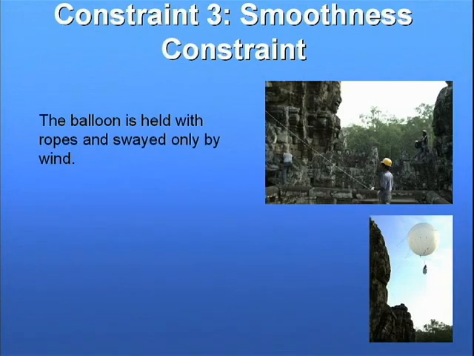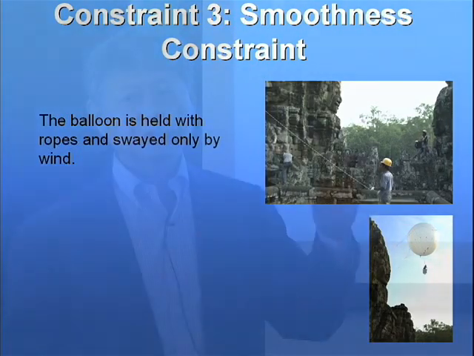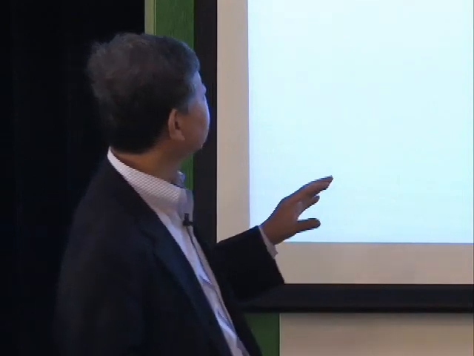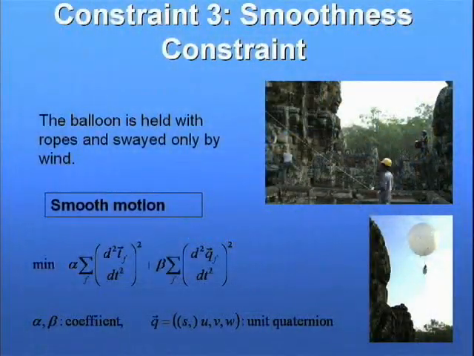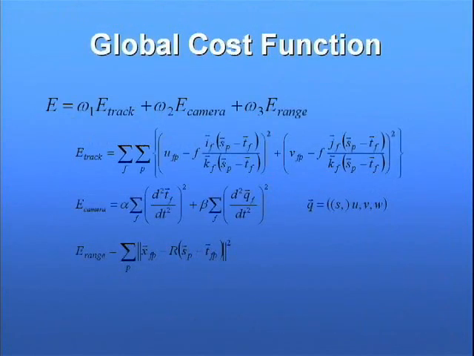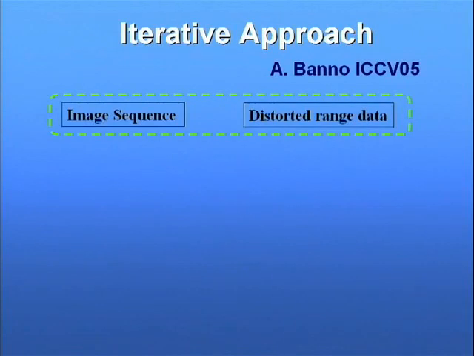So we can assume sensor motion is smooth enough, and we introduce a smoothness constraint: the motion of the camera is smooth. By combining these three constraints, bundle adjustment, smoothness constraint, and laser constraint, where laser points should correspond to the factorization result, we can set up a minimization paradigm.